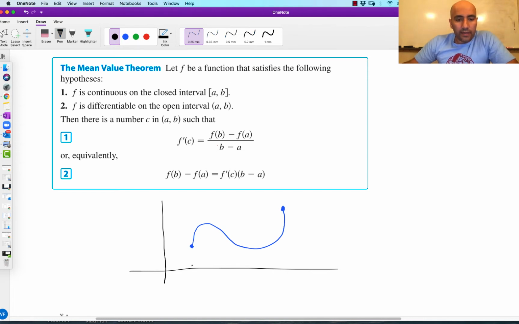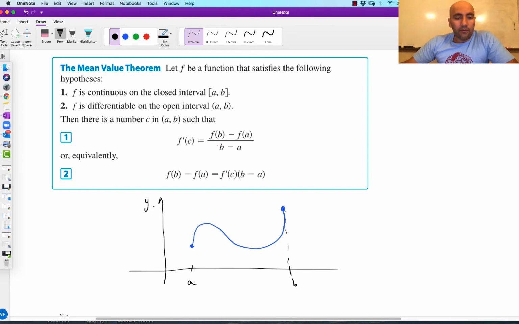So let's say that this is a and this is b. Okay. So it's continuous on the interval from a to b. That takes care of one. Differentiable. Well, it's continuous, so that helps. There's no vertical asymptotes anywhere. But also, by looking at it, we can see that there's no sharp corners that would prevent us from finding a derivative. So everything is smooth and continuous.